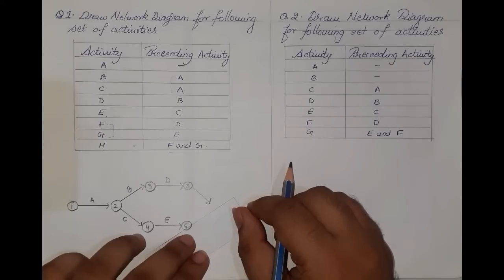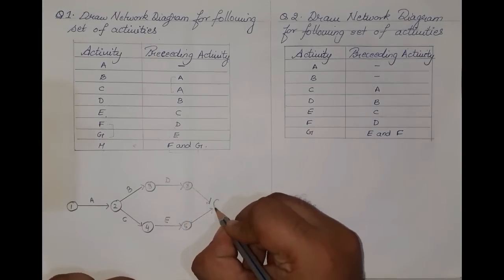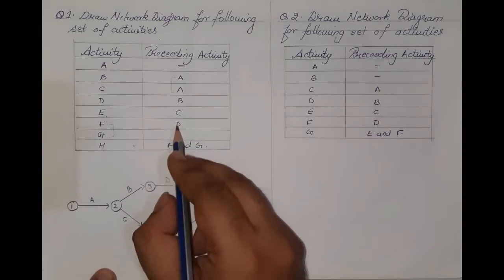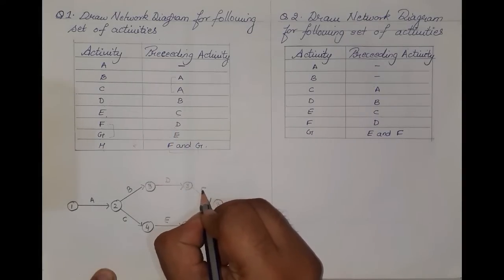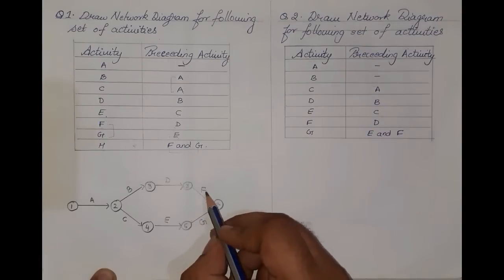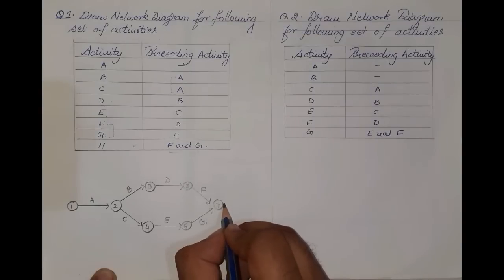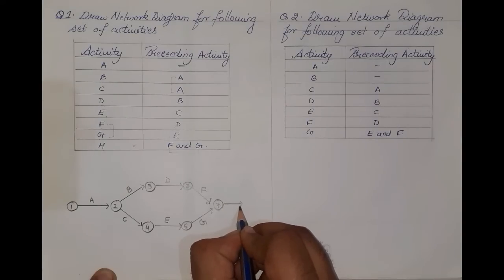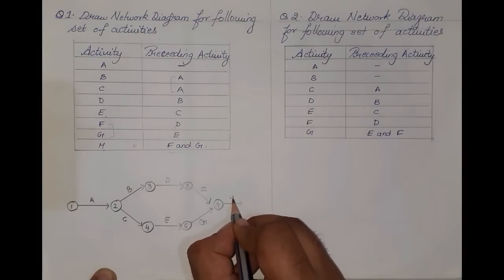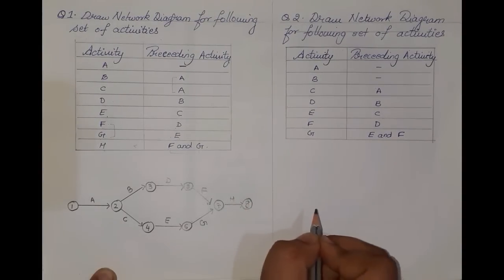From both these activities, they jump to event number 7. From D we have F coming out, and from E we have activity G coming out, and F and G together end at activity H. So they all combine at activity H. My last event is event 8.